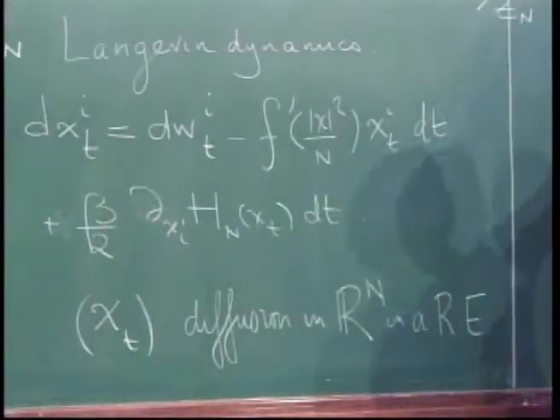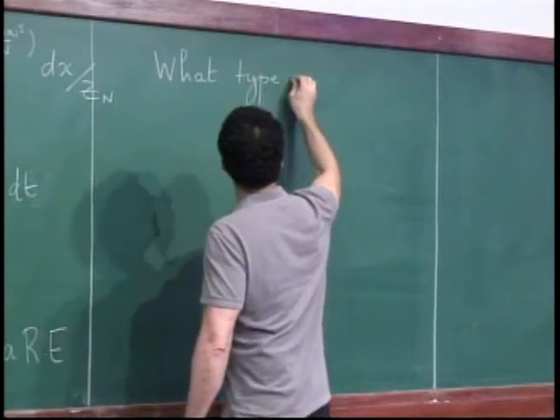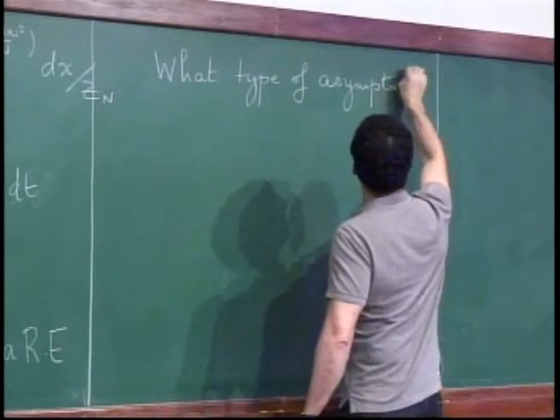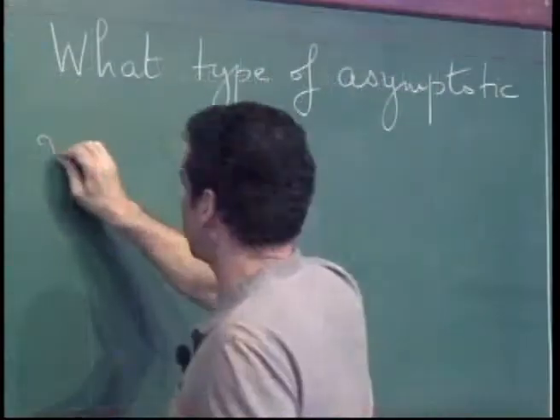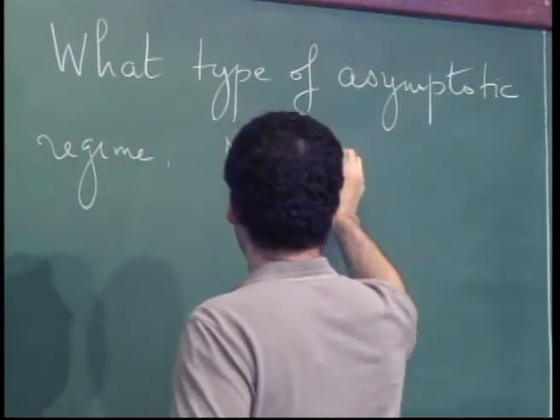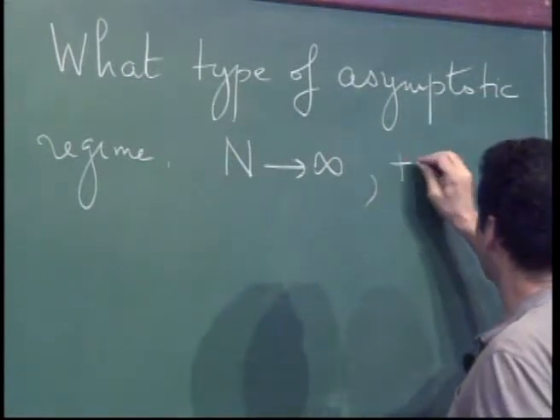But here you have two types of questions. There's a question of what type of asymptotic regime we are looking at. Because you have two limits here. You could let the size of the system go to infinity. We had the same thing last time, in fact. And you can let the time go to infinity.